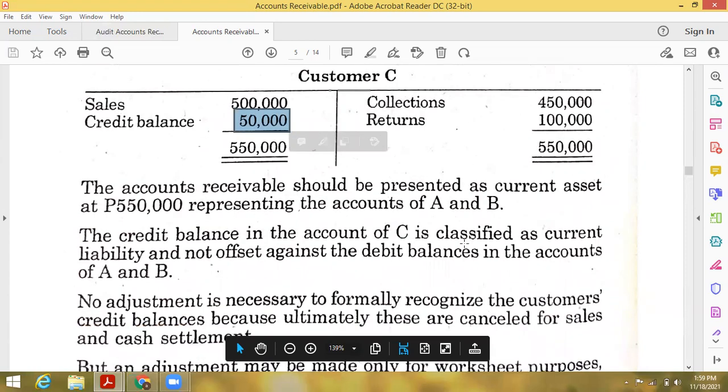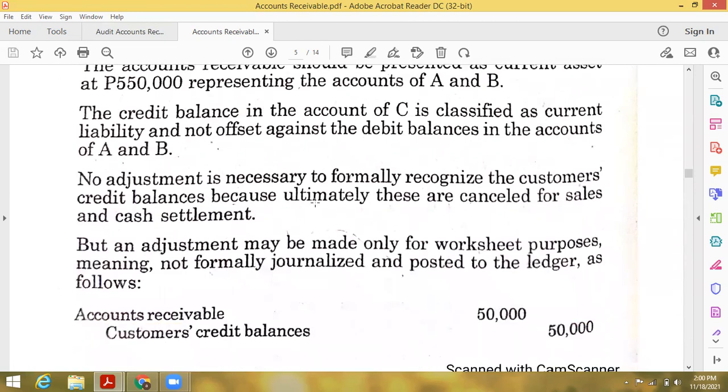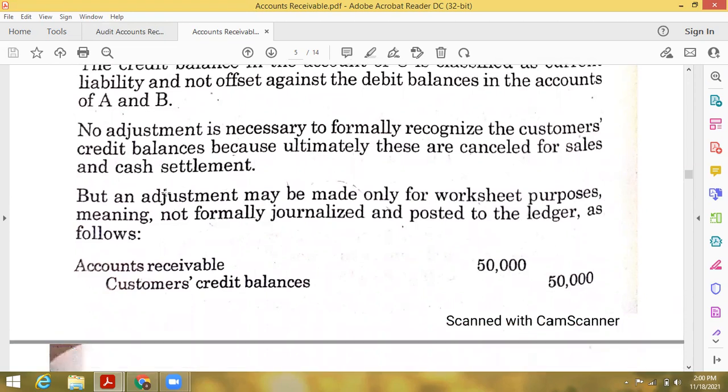So, this is classified as current liability and may not be offset against the debit balance of A and B. So, pag meron kang ibang customer, you cannot offset daw yung balance na nagkaroon ng negative kasi nagkaroon ng overpayment. No adjustment is necessary to formalize the recognition of credit balance because ultimately these are canceled for sales and settlement. But an adjusting may be made only for worksheet purpose.